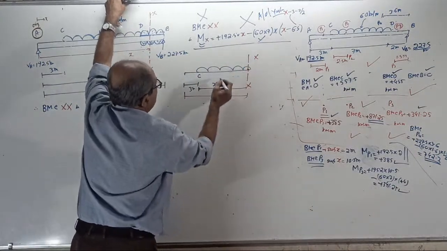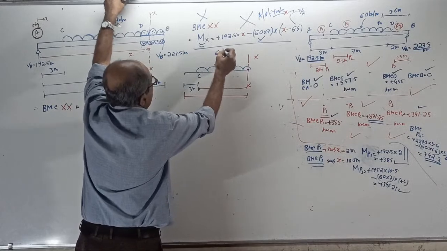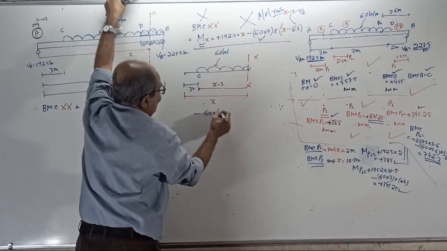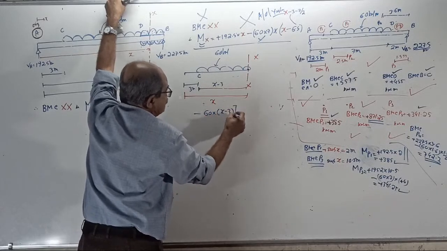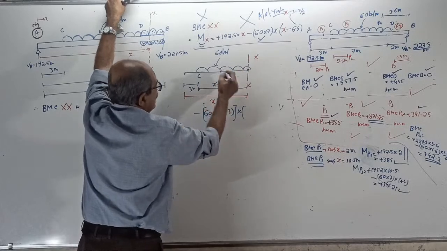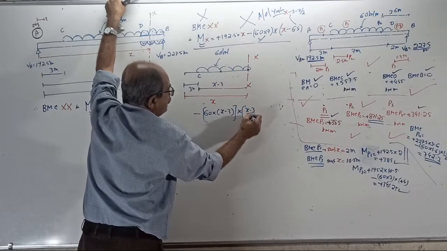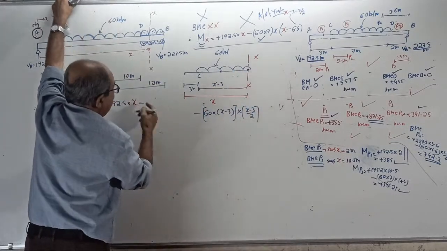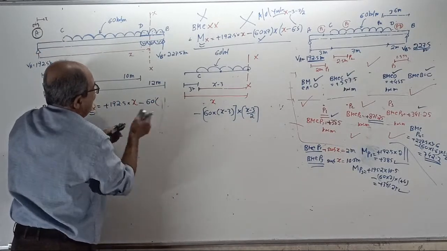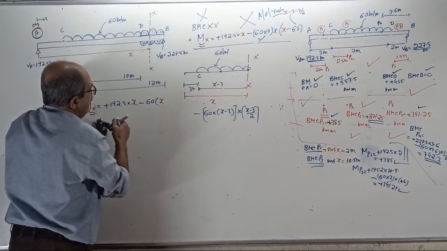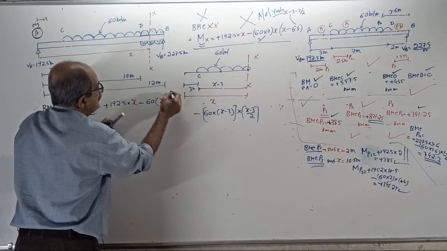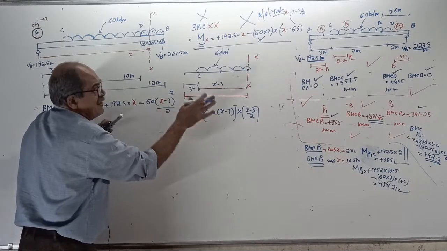Now the bending moment is equal to how much? 60 kN per meter, so 60 into x minus 3 is the total load, into its center, x minus 3 by 2. That I will write as 60 into x minus 3 whole square by 2.